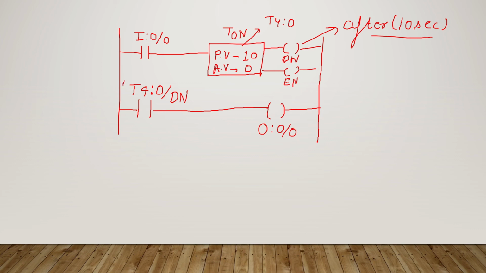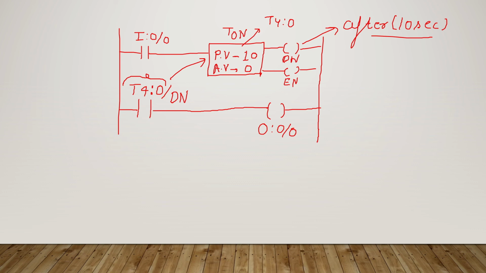You have to specify the address of the timer, because the program should know that you are talking about this particular timer. Maybe in your program there are lots of timers, so if you want to use the done bit of this timer, you have to specify the address /done and connect the output with it.